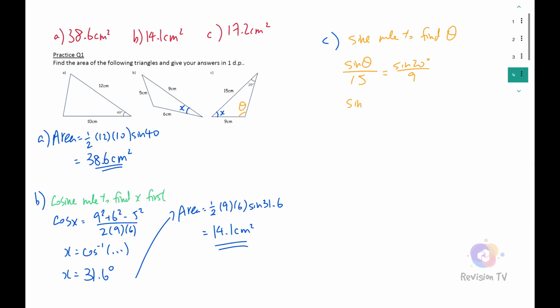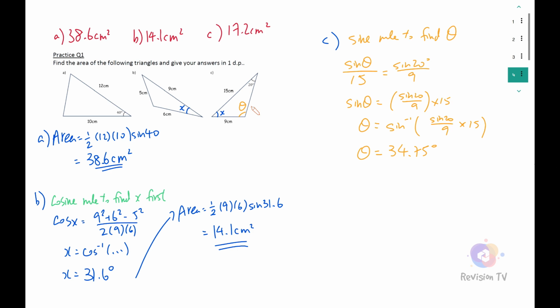So sine theta equals sine 20 over 9 times 15. So theta equals inverse sine of the whole thing, sine 20 over 9 times 15. So theta will give me 34.75 degrees if we put it in a calculator.